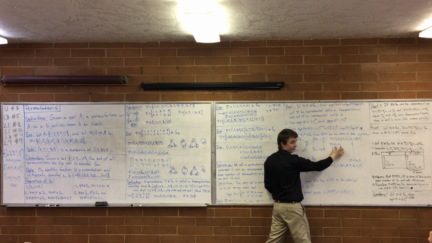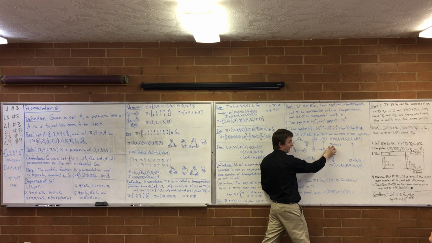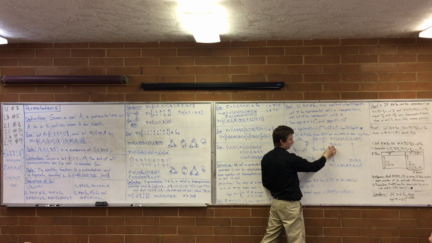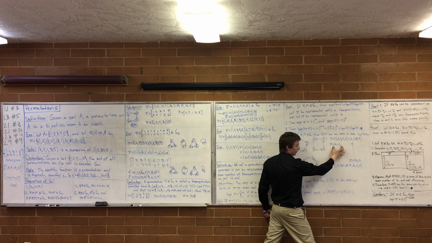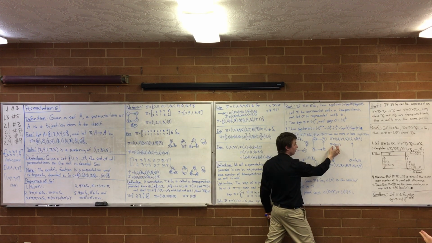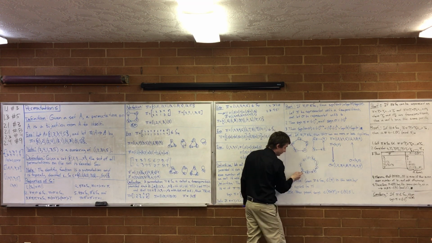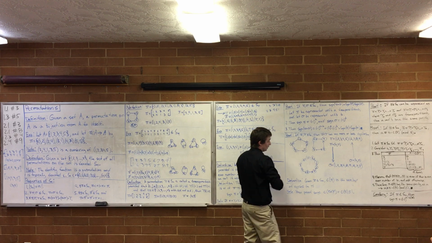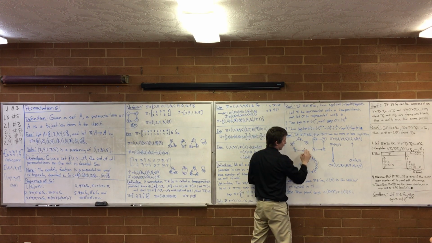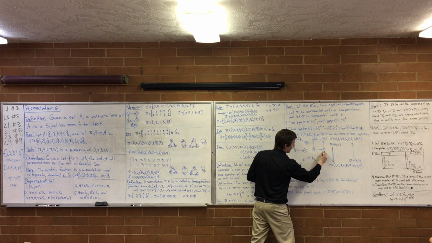This piece of it took 4 to 7. This piece of it took 7 to 8. Sorry, plug 4 into here, it spits out 7. Into here, it spits out 8. So now, instead of going to 5, 4 goes to 8. It's like you took this arrow right here and stuck it right there.